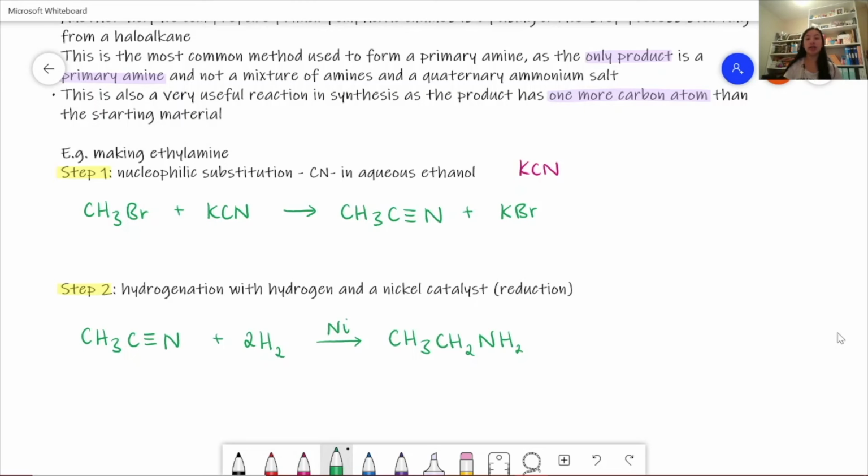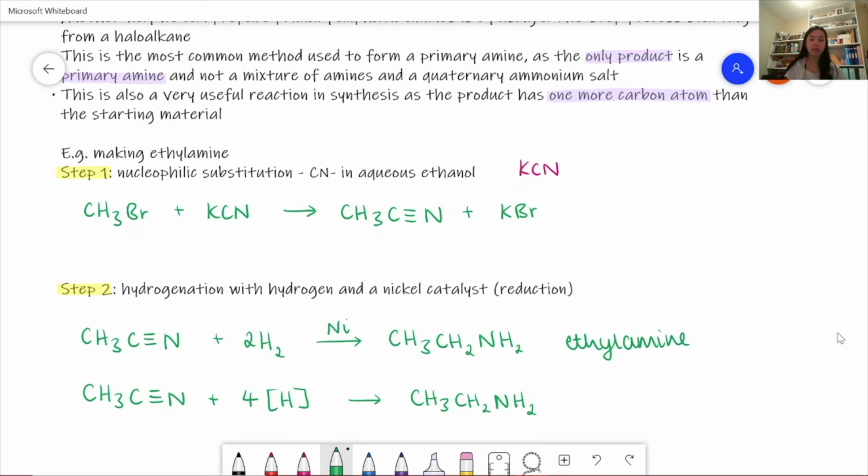And how we write this using reduction notation is CH3, C triple bond N plus 4 of these square bracket H's to form ethylamine. And because ethylamine is the only product of these 2 steps, this is why this is most commonly used, because we don't get that mixture of amines and the salt.